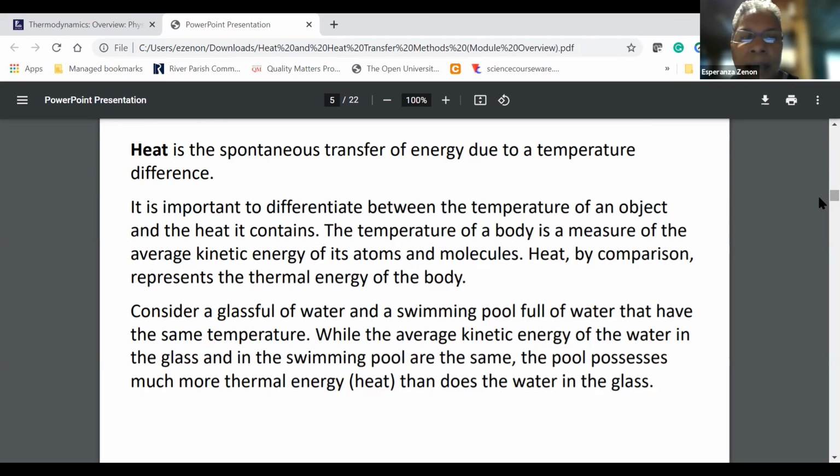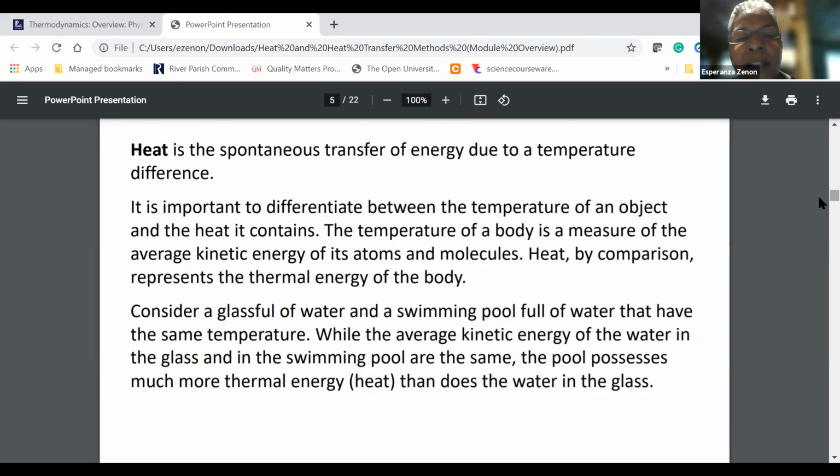And so now, in everyday conversation, we kind of mix the words heat and temperature up to mean the same thing. But in physics, it's very important to distinguish between temperature and heat. So the temperature of an object is a measure of the average kinetic energy of its atoms and molecules.